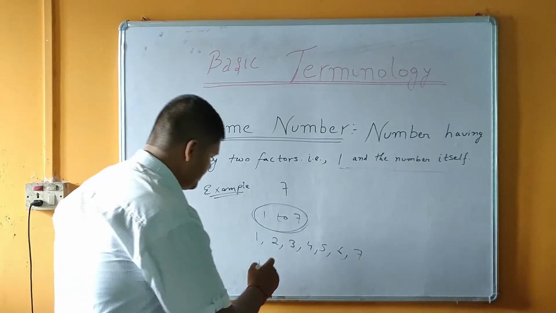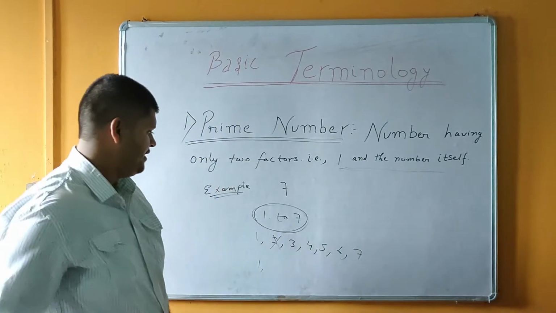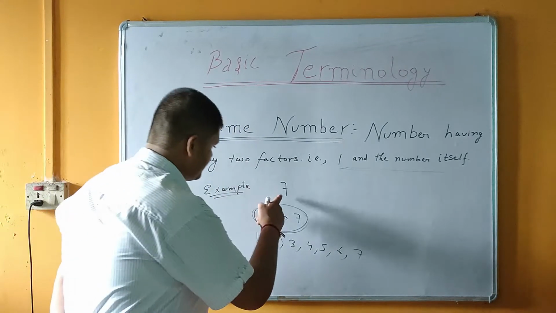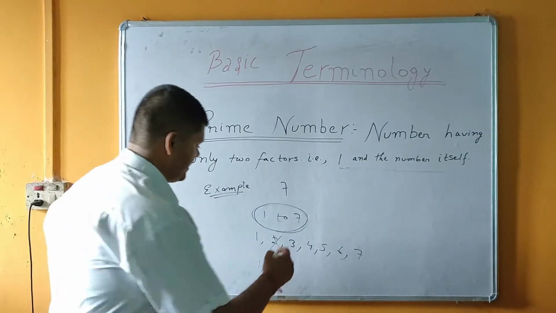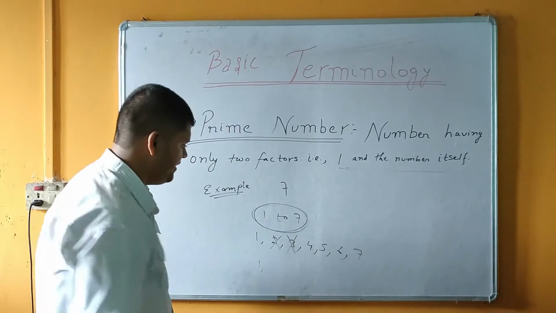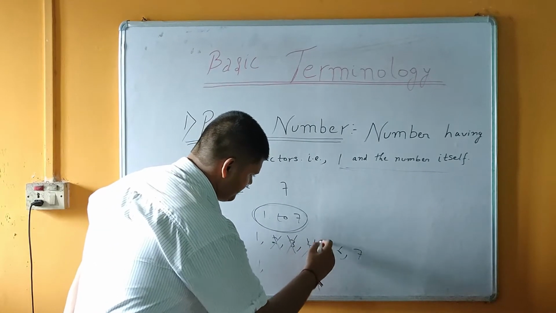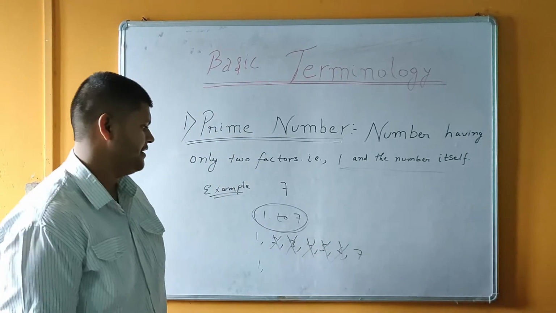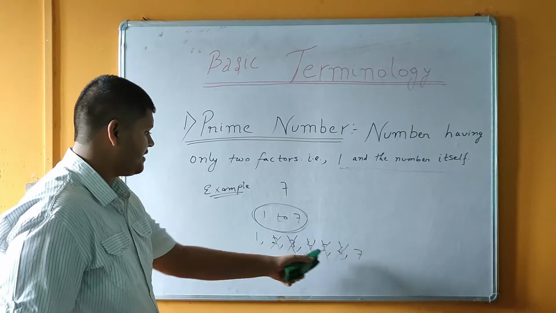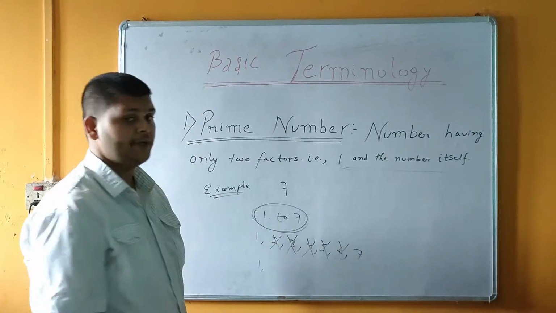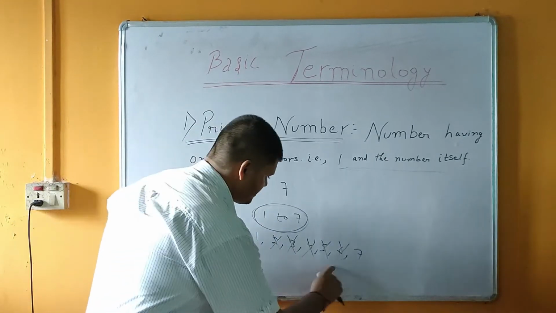No. That means 2 is discarded. In the table of 3, will 7 occur? No, so this is also discarded. 4, 5 and 6 will be discarded too, because in these tables 7 does not occur. That's why we have discarded them.